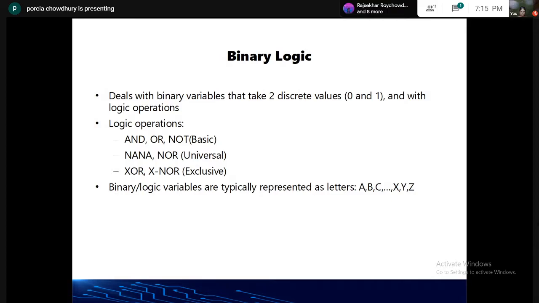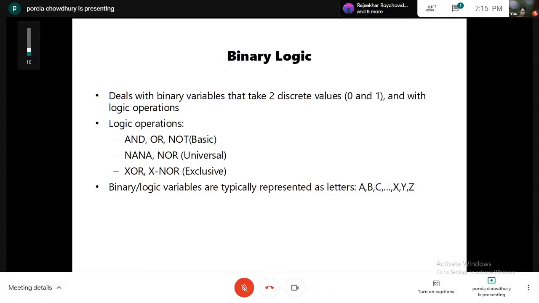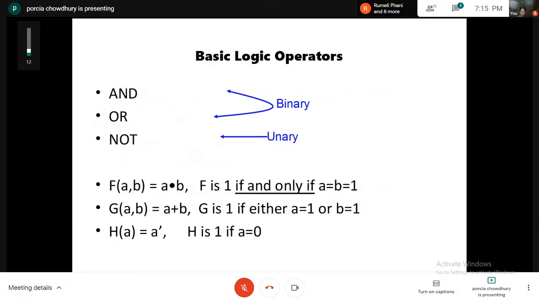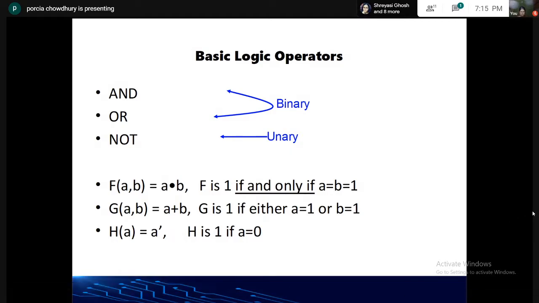Now the first, that is the basic logic gates. We will start with this one, obviously basic operations first. So we have three categories: AND, OR, NOT. AND means basically A and B. Suppose C is the output, so this is A dot B. See on the screen, function of A comma B is equal to A dot B. So how does it work?